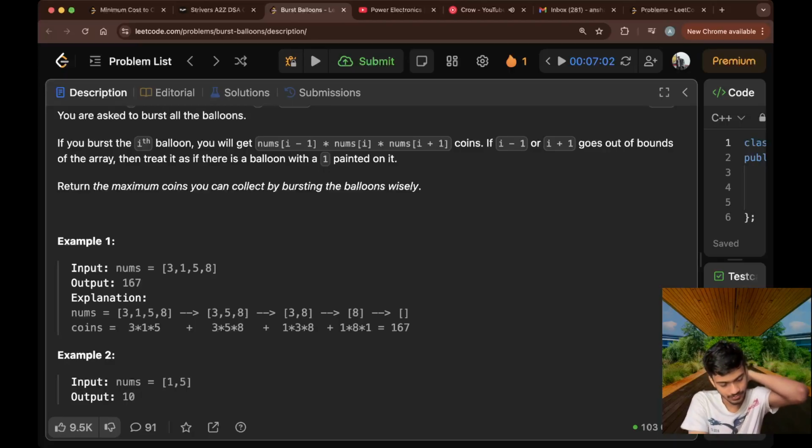And here it is i, j. So you will get like 3 into 1 1. So this is like that, and when you come back here, you will see that 3 is burst.